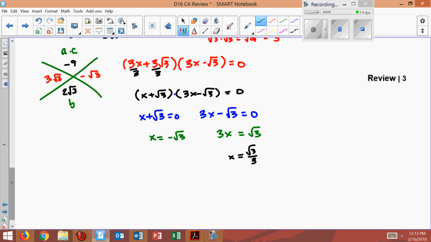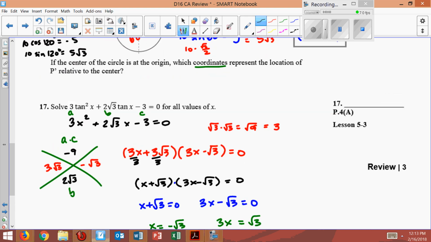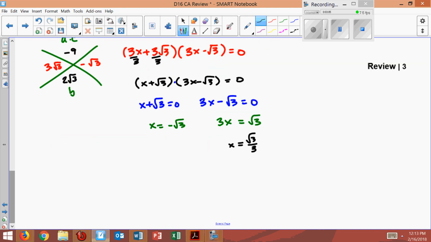Now let's substitute back. This whole x was supposed to represent tangent. So this means that here, tangent x is equal to negative square root of 3. Or here, we would have that tangent x is equal to square root of 3 over 3. Now I'm going to use my hand trick.